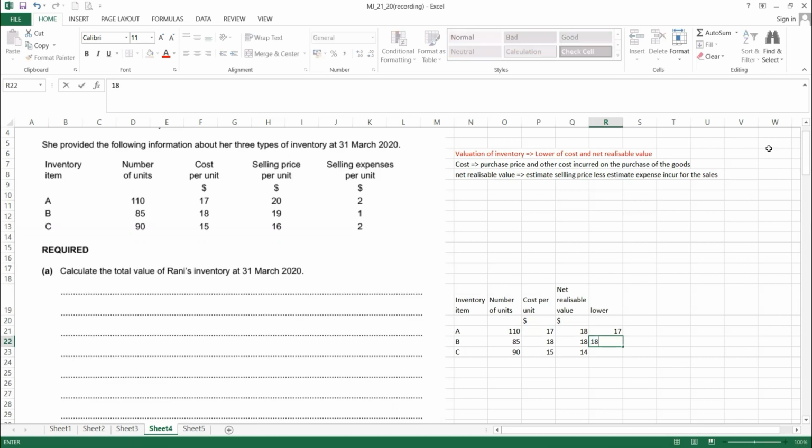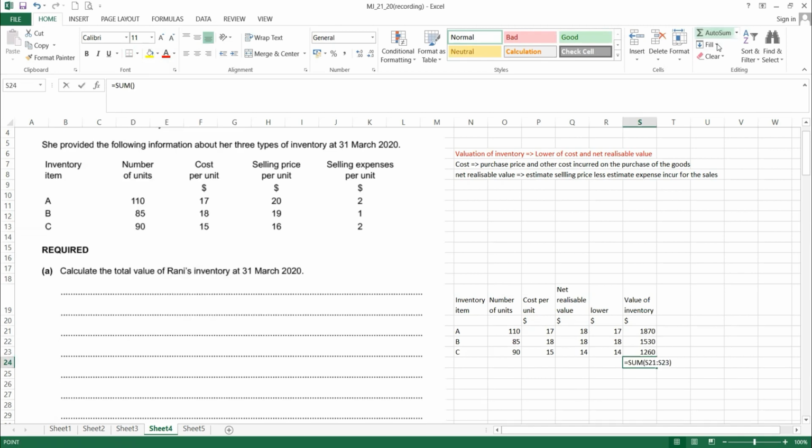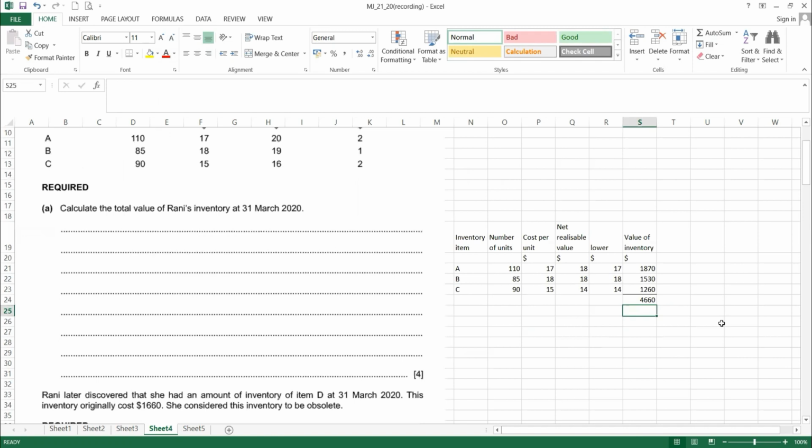And then this one both the same, so either one, no effect. Whereas for this one, the net realizable value is lower. So now we calculate the value of inventory. Take the quantity times the unit price. Okay, add all these amounts together. So we get the total of the inventory, 4,660.